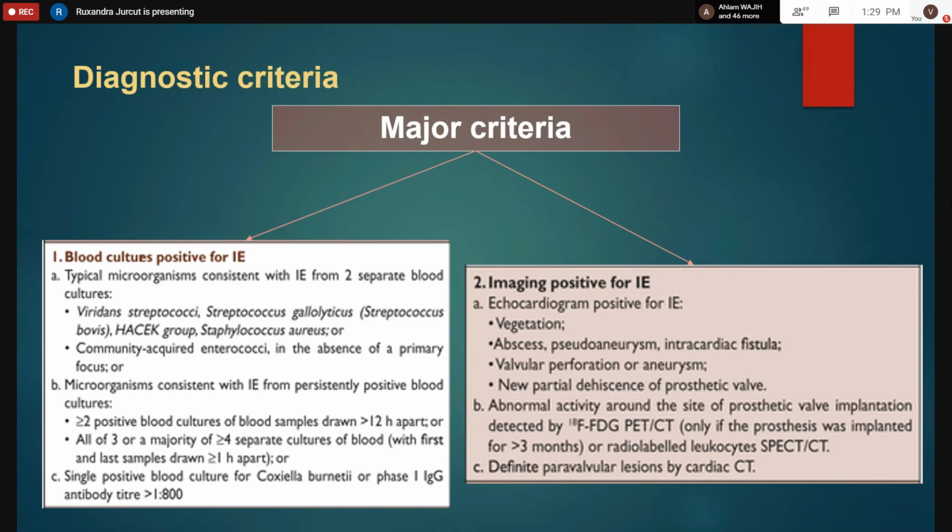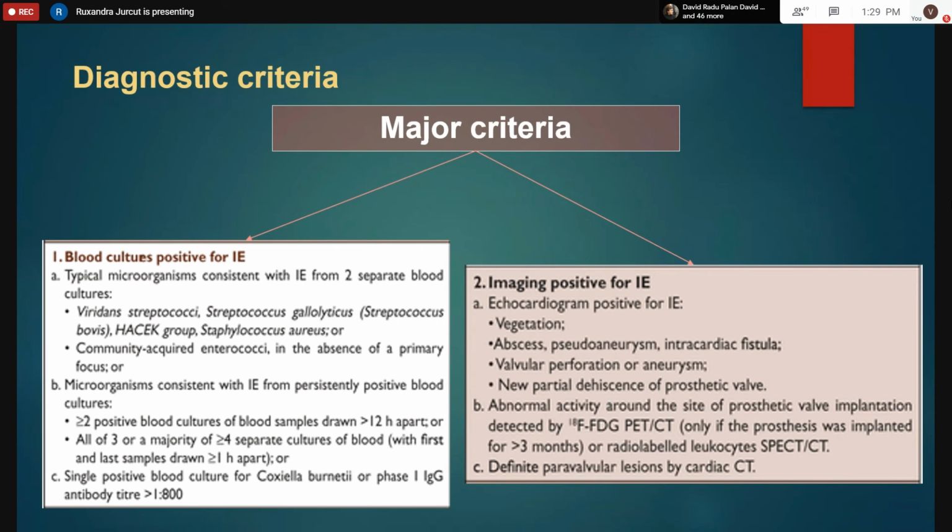There are 2 sets of major criteria. The first one is related to the blood cultures, and the second one is related to imaging. So the first one, the blood cultures are positive for infectious endocarditis. So we take the hemocultures and they come back from the lab as positive. But it's not always very easy, because they should not only be positive, but they should follow some rules.